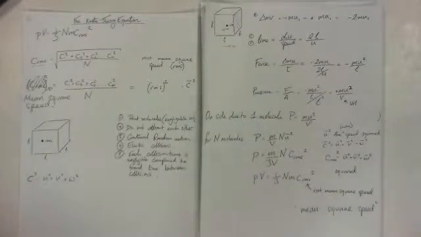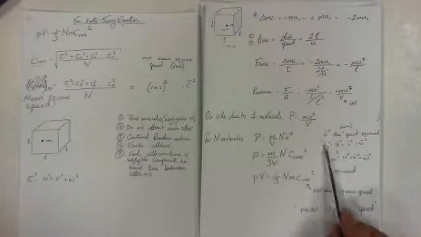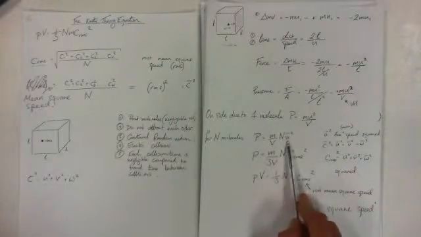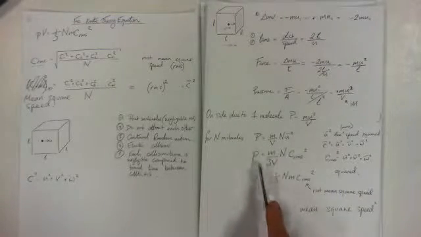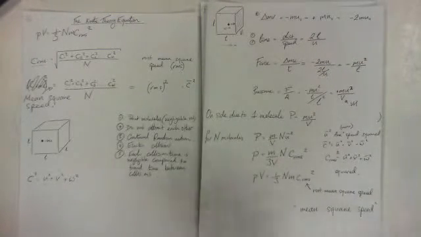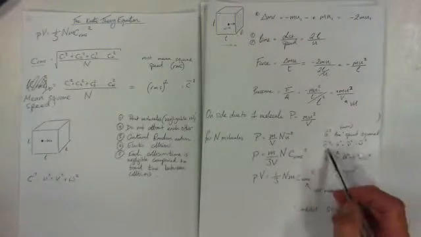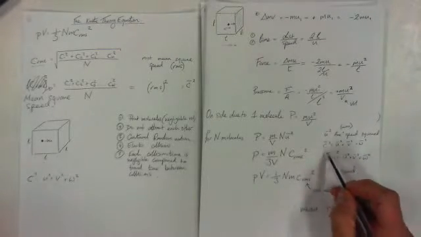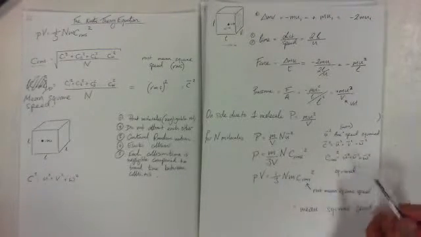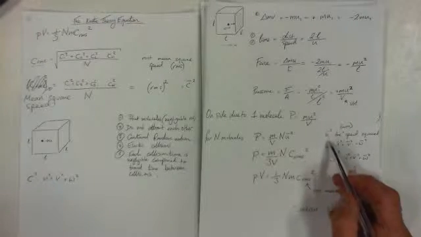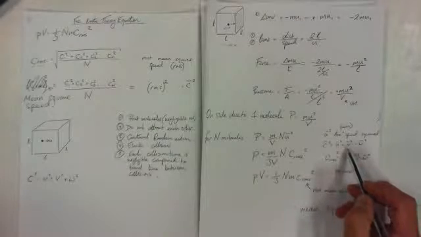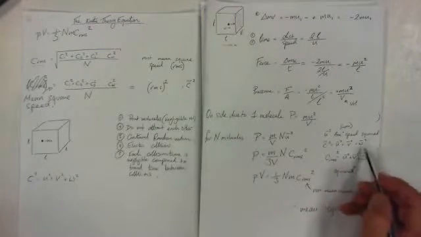Now here's the weird thing: because this is just in the x direction, we've got to think about what the pressure is due to the y components and the z components. Therefore, we just use this little sort of cheat, if you will, not a cheat, but a statement of fact, that the mean square speed altogether is the mean square speed in the x plus the mean square speed in the y plus the mean square speed in the z.